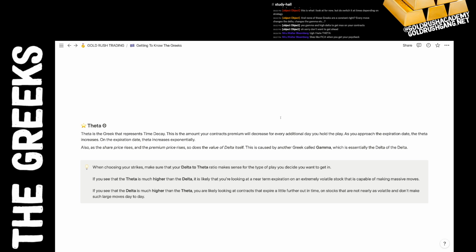And if your theta is so high that it's inconceivable for the stock to move enough to give you enough delta to cover your toll, then you're way too far out of the money, or you are way too close to expiration. That's all that tells you, right? And if you don't have faith in the ability of the contract to at least have the move give you delta to pay your theta, right?